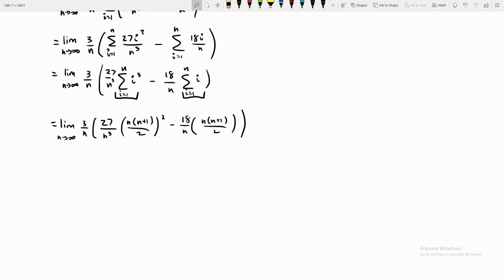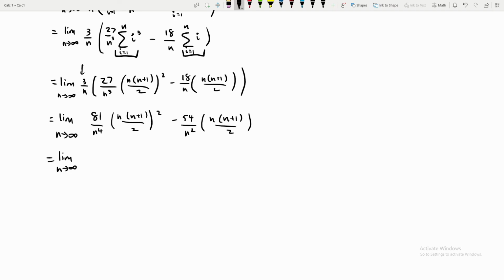So now that I've expanded this, I'm going to go ahead and bring this term inwards. So now I'm going to bring this power inwards and expand. Now I'm going to remove common factors.